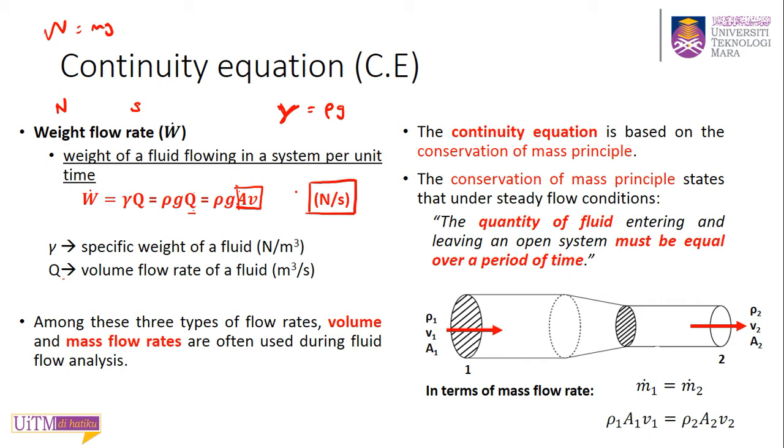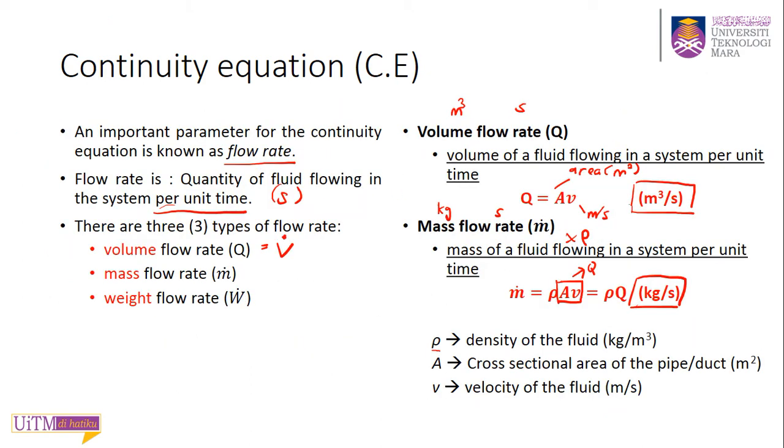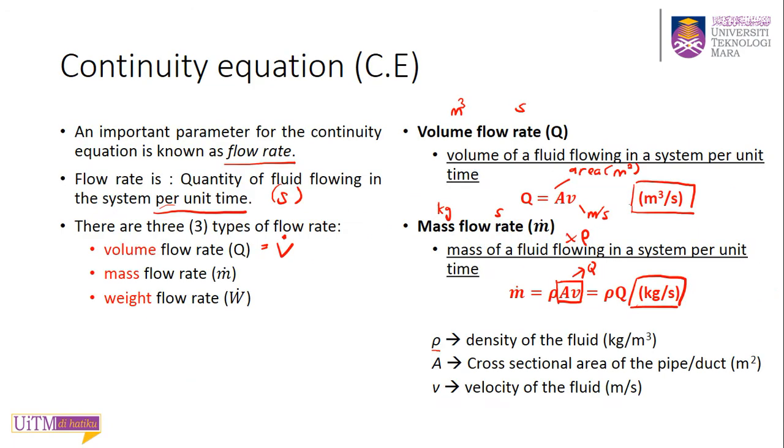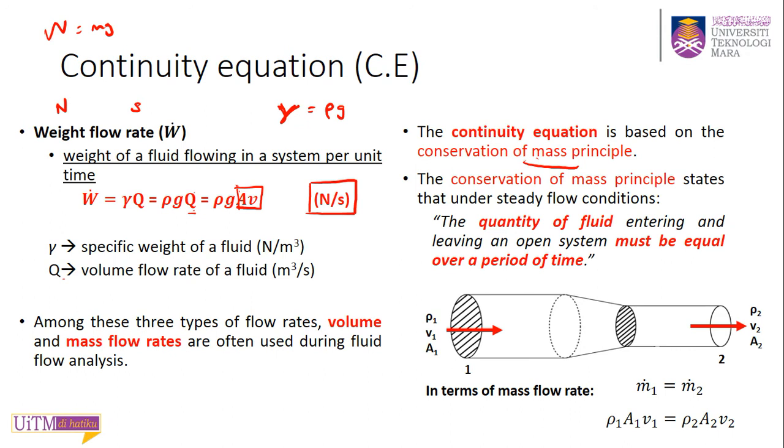Okay, so this continuity equation, as we mentioned before, is based on the conservation of mass. So whatever mass is flowing in at the inlet is conserved at the outlet. Whether it's mass, weight or volume, all of this is conserved in the pipe.